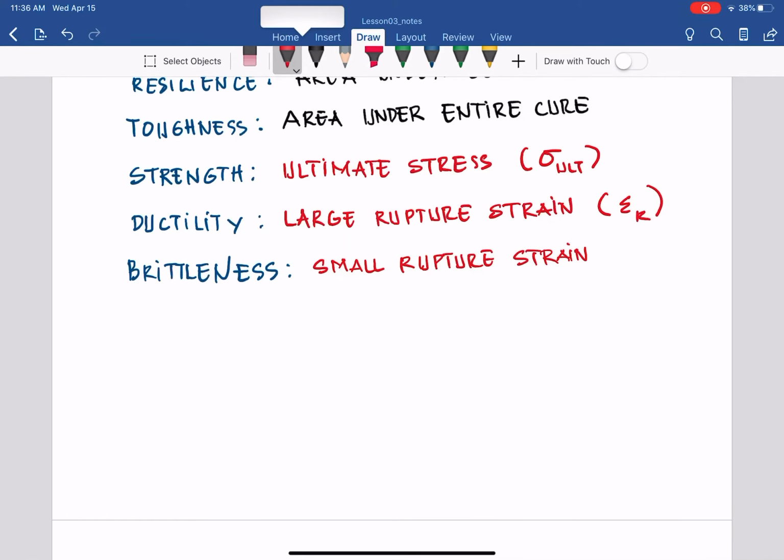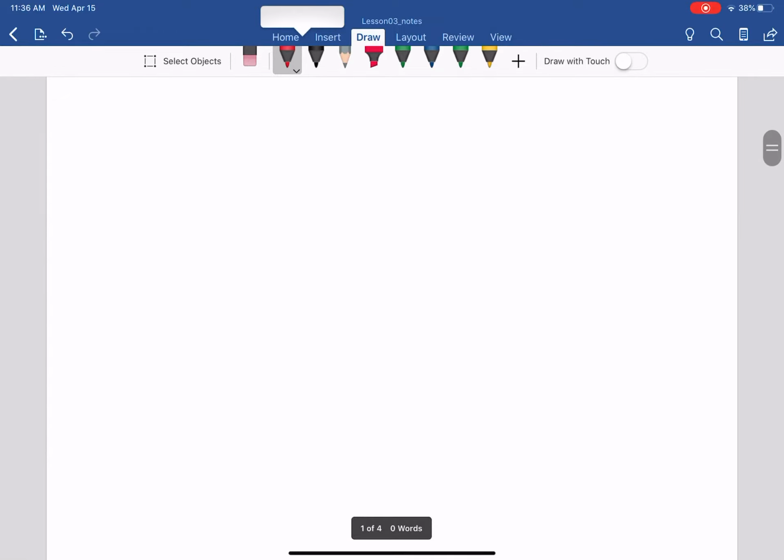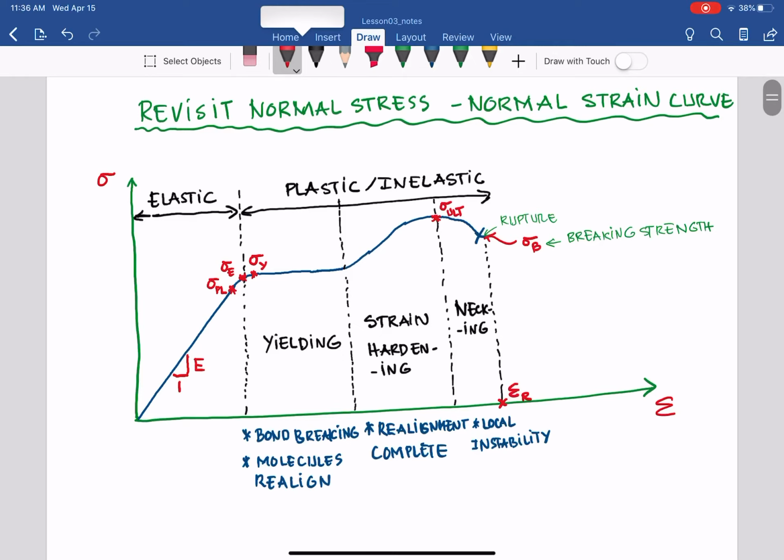So with that, we are about to finish with just one last thing. Sometimes, as in lesson number 2, to find the failure level, it refers to sigma yield if it is normal stress, right?